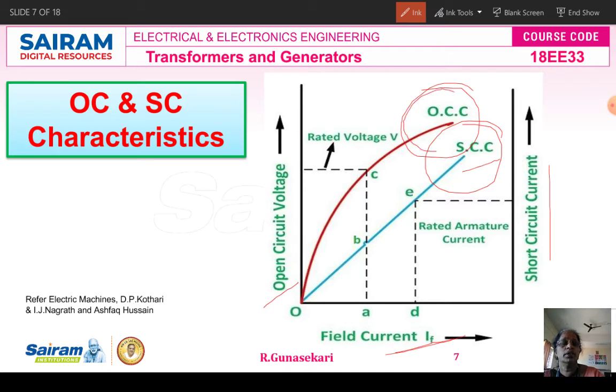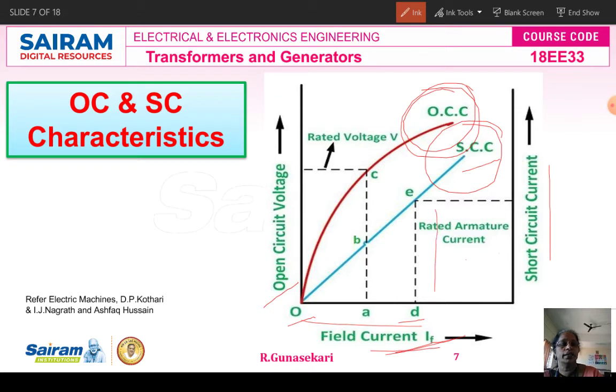For the open circuit characteristic we can take n number of readings, and we are also taking readings beyond the rated voltage. So the shape of the OCC curve is similar to the BH magnetization curve. SCC is the straight line. Now you can see, here DE represents the rated armature current, and OD is the field current.